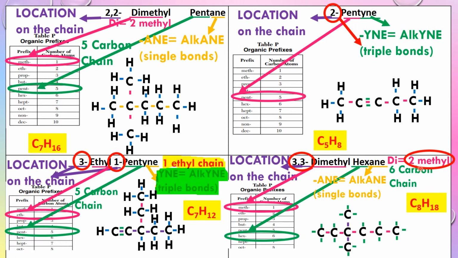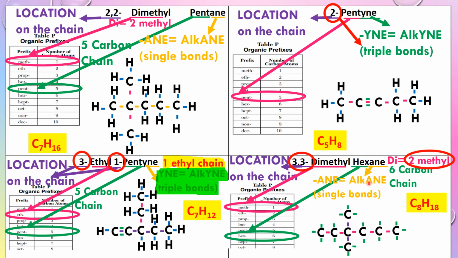How many do I have in my main chain? Well, looking at the main piece here, hexane, I see that hex means that I've got 6 carbons on my main chain, and ane means that I have all single bonds. That's an alkane. If you don't know the ending alkane, alkene, alkyne, make sure you look at the PowerPoint from the other day where I go over how to use table Q.